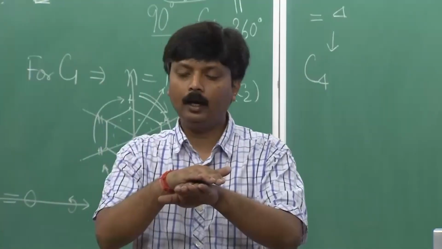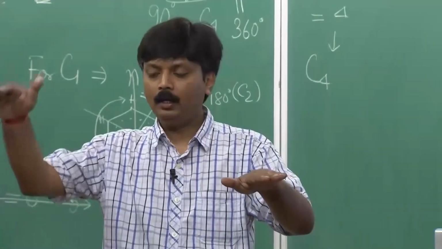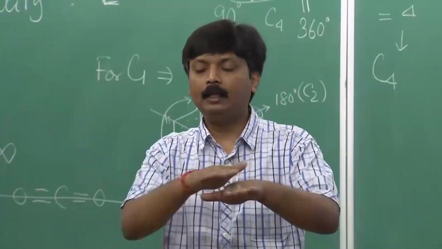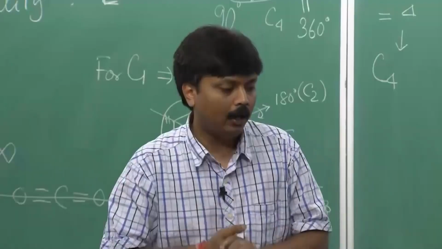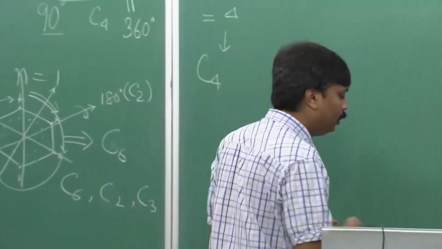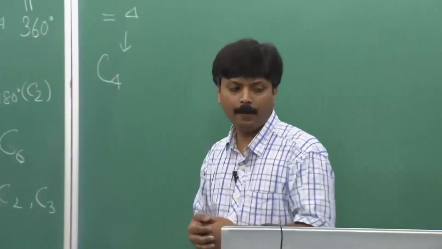So you are doing a reflection about a plane and getting an indistinguishable structure, and this plane is a symmetry plane. This symmetry operation is called plane of symmetry, or sometimes also called reflection operation.